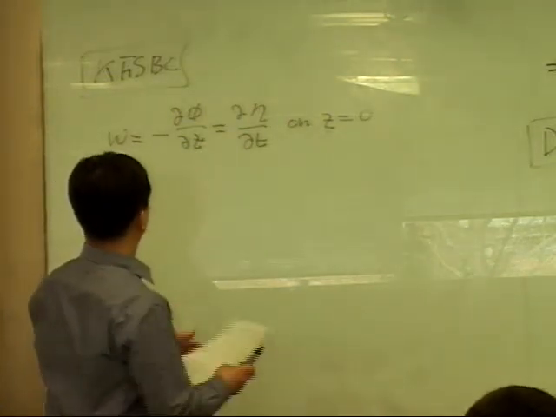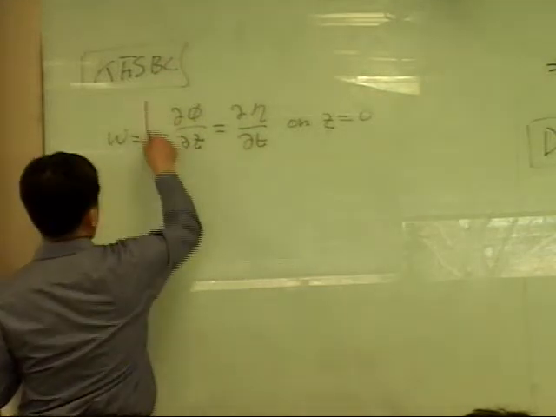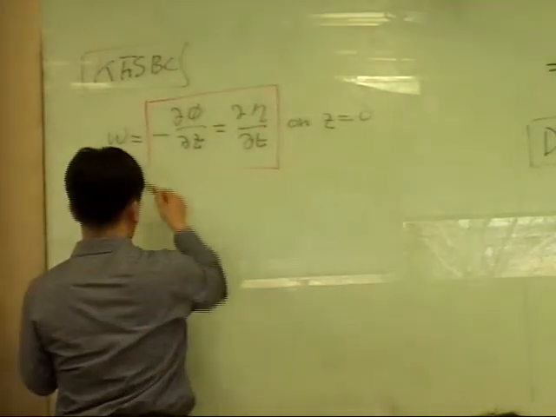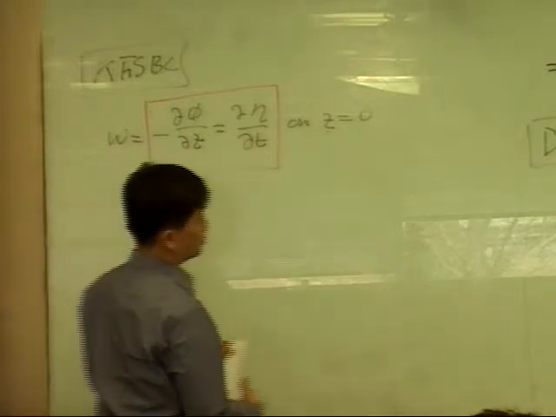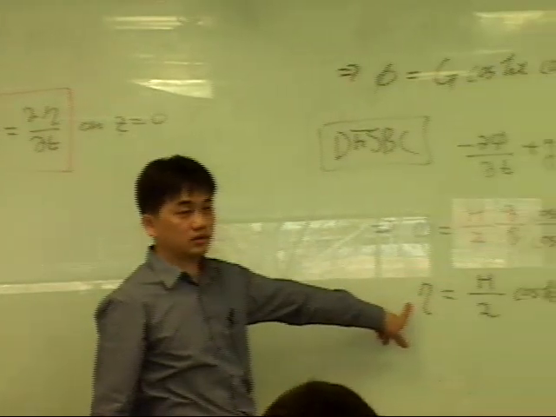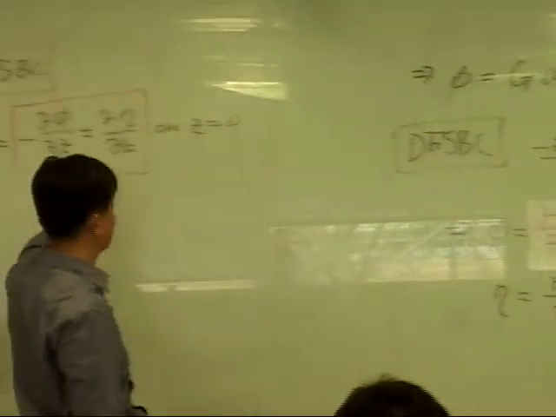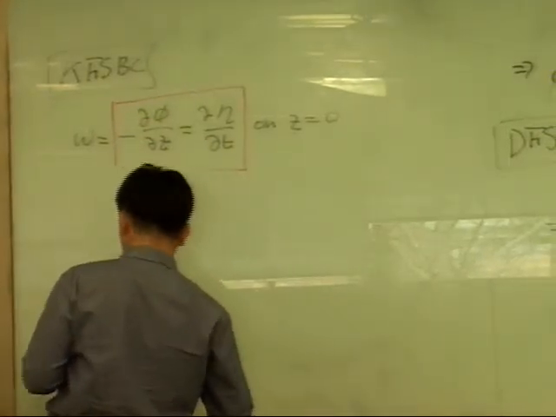on z equals 0. So if we apply this condition, and put this potential and surface function into here, you're going to have a very important relation.